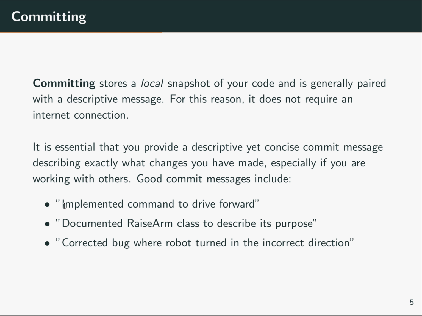You would say, implement command to drive forward, because you think in your head, this commit will implement the command to drive forward, or document raise arm, or correct bug. So that's the kind of tense you want to use. And don't forget to use this commit will in your head to make it work. That's generally the Git industry standard for this case.